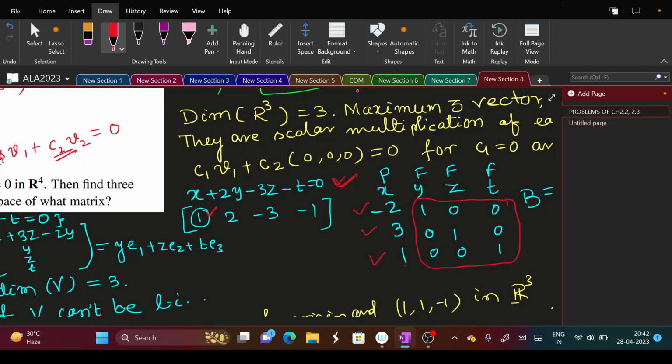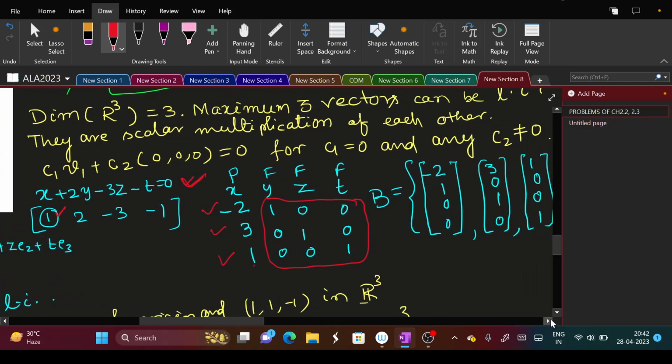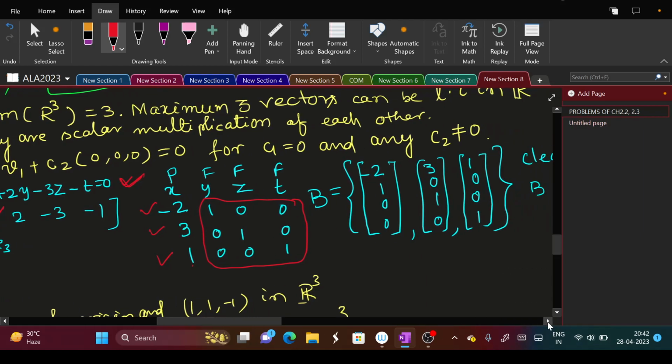Hence the matrix has at least rank 3 and at most rank 3, that is, the matrix has rank 3. So 3 vectors having rank 3 means the vectors are linearly independent.